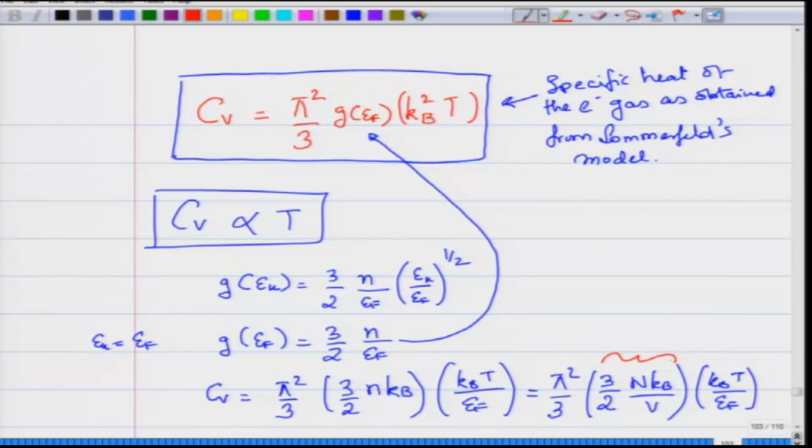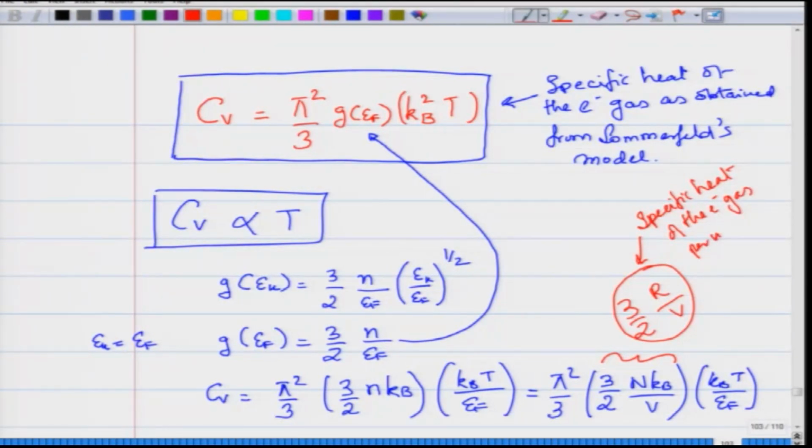This is nothing else but 3 by 2 R, the specific heat of the electron gas per unit volume from Drude's model, or which uses the electron gas model as kinetic theory.